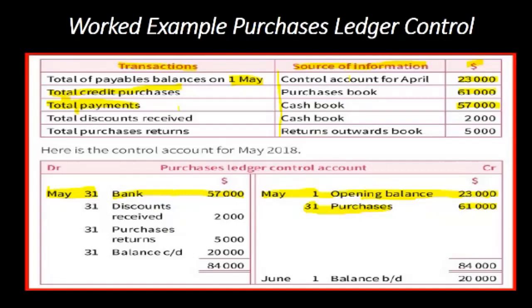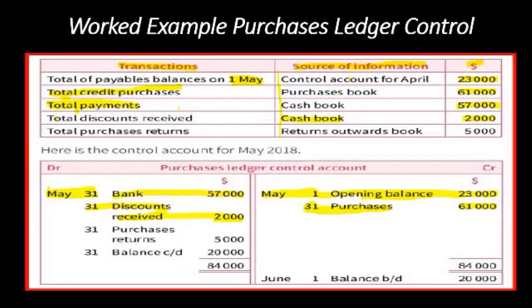The total discounts received, again, it comes from the cash book. And 2,000. And we have it here, 2,000. It's a total for the month again.